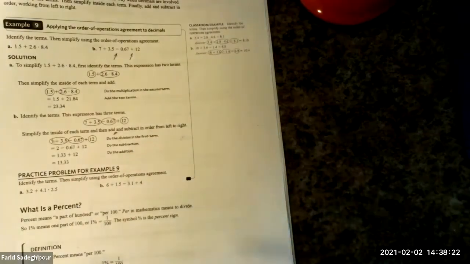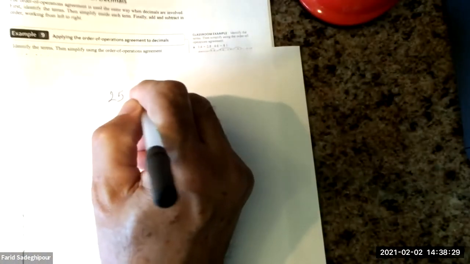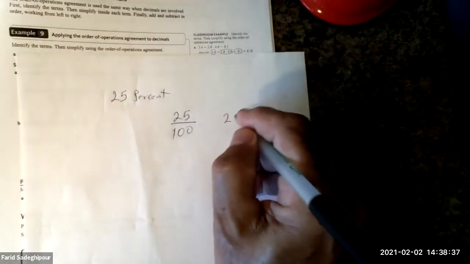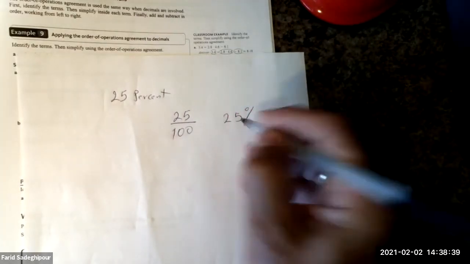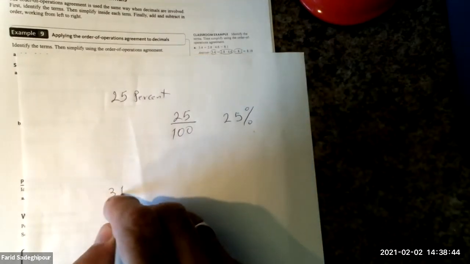Okay, so let's say we ask you to do 25%. 25% means 25 divided by 100, which normally we show also like this. This symbol means percent.